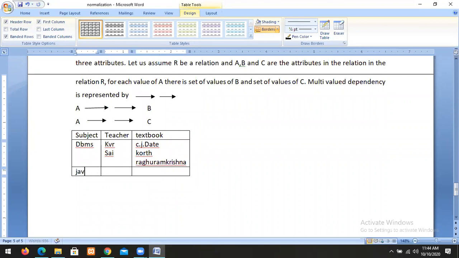Similarly, we have the subject Java. This subject is taught by some other lecturers. This subject can be taught by, suppose we use two books.